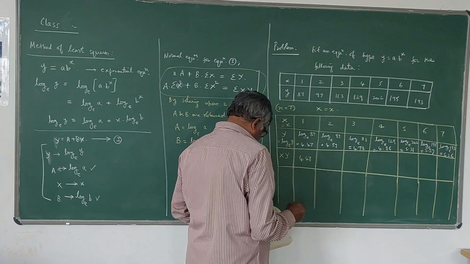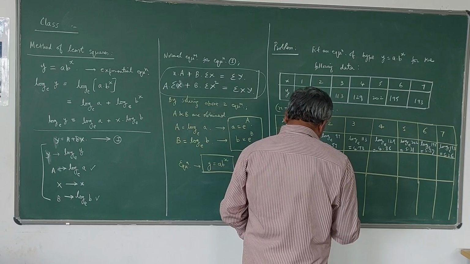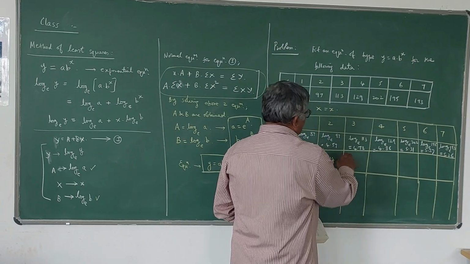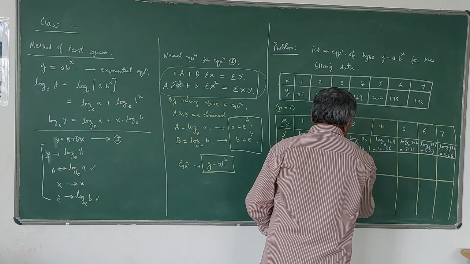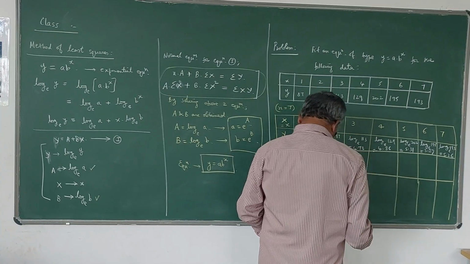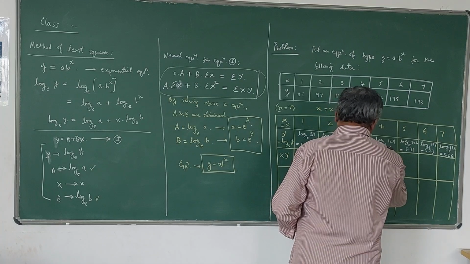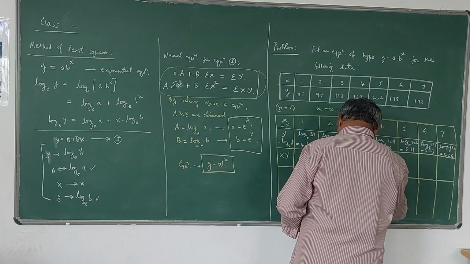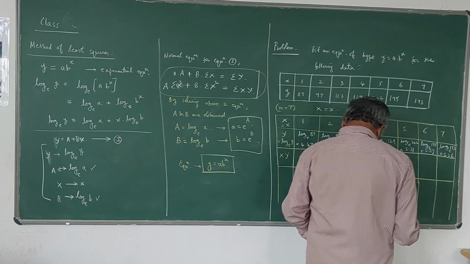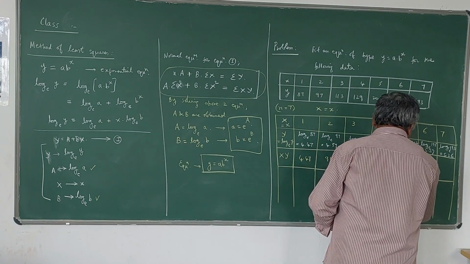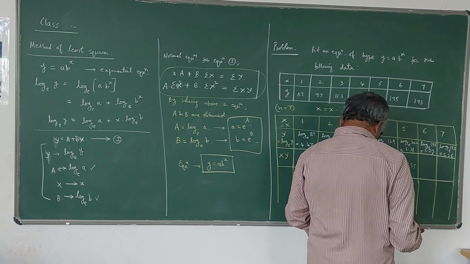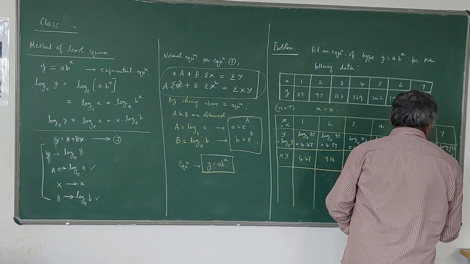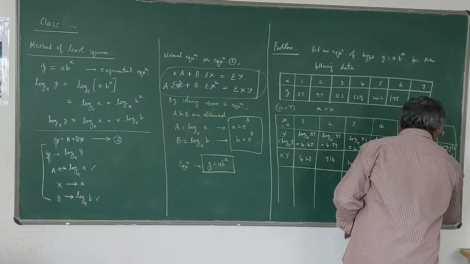Then 2 into 4.57 is 9.14. 3 into 4.73 is 14.19. Then 4 into 4.86 is 19.44. Then 5 into 5.31 is 26.55. Then 6 into 5.27 is 31.62. 7 into 5.26 is 36.8.